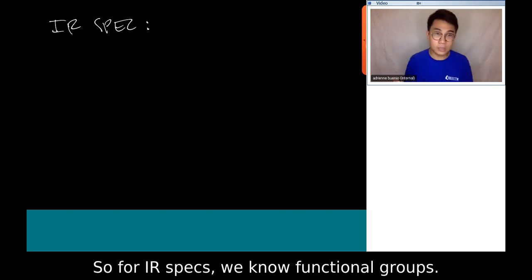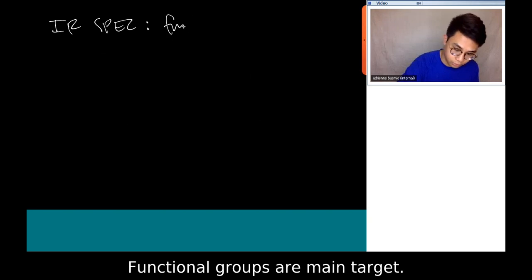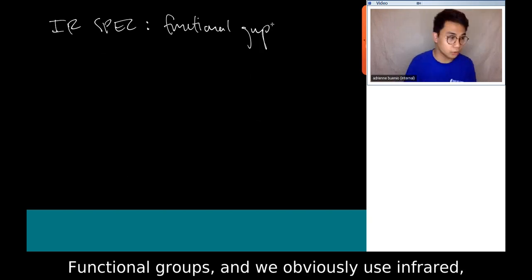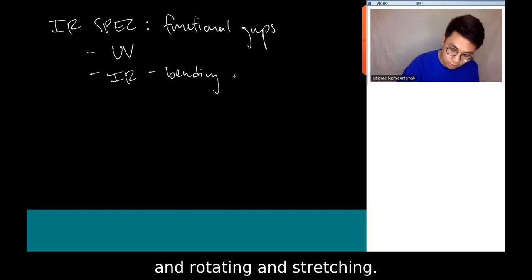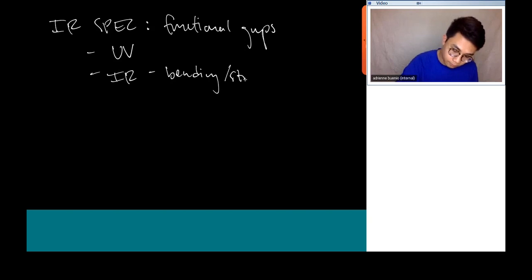So for IR spec, we know functional groups, right? Functional groups are the main target, and we obviously use infrared, and we know that between UV and IR, IR causes the bending, rotating, and stretching.